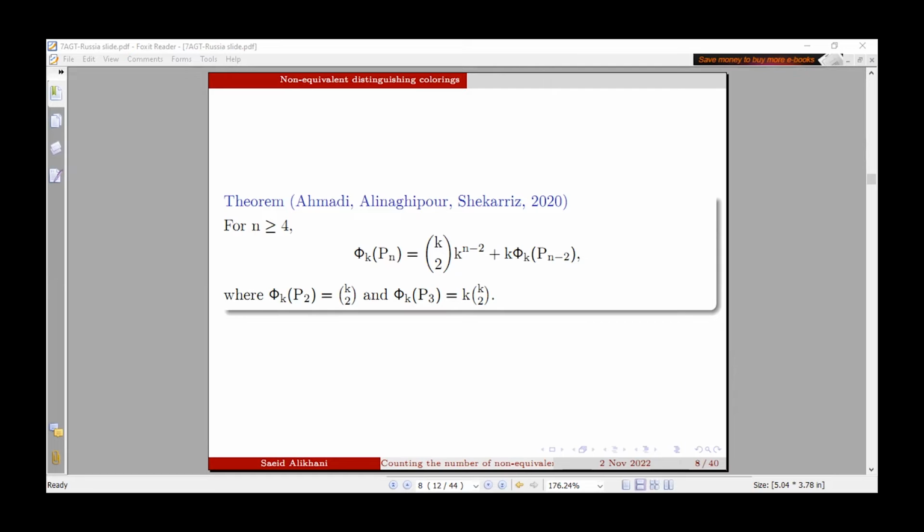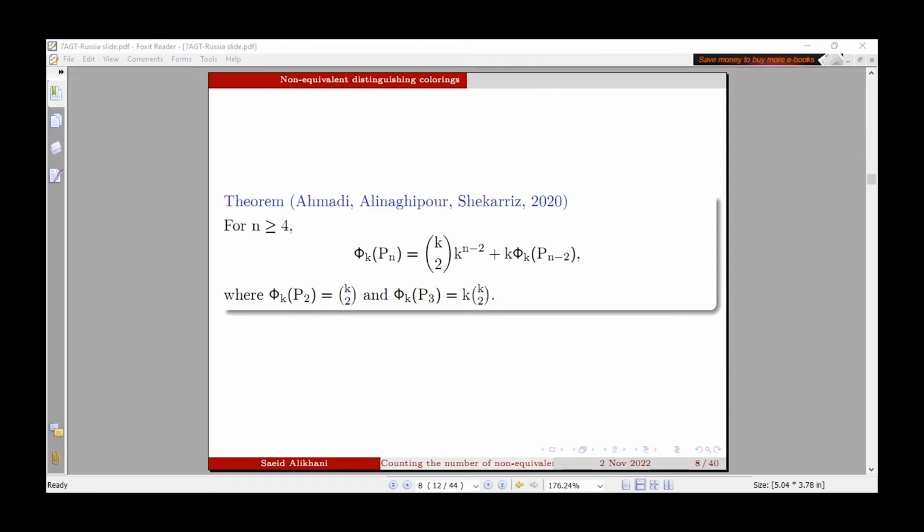For case 2, if the end vertices have the same color, for example I use just color 1 for the end vertices, then I can choose this color in k choose 1 ways.